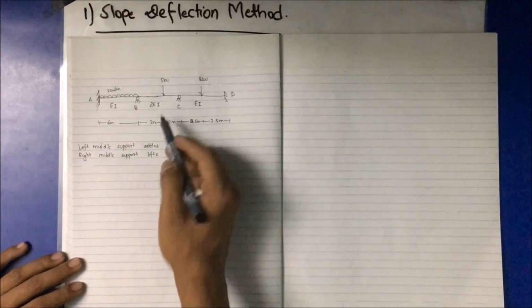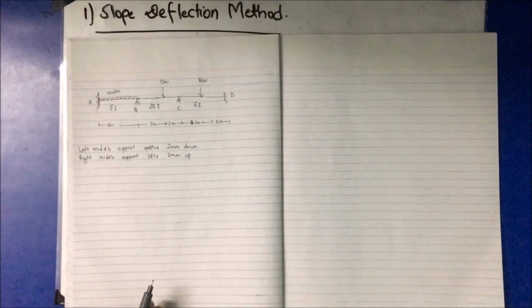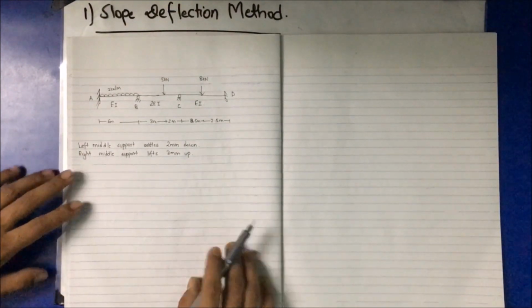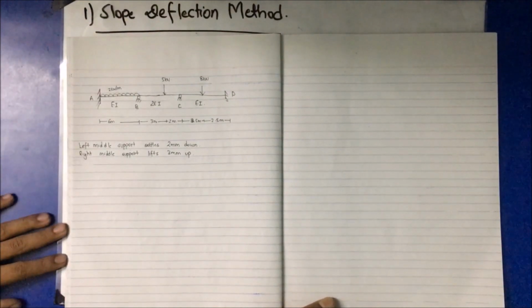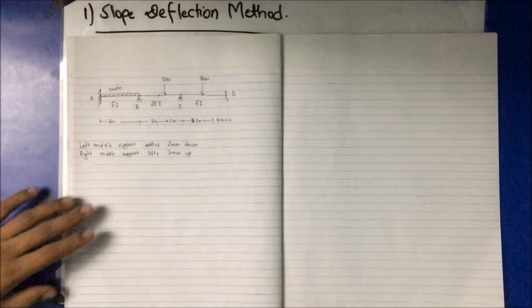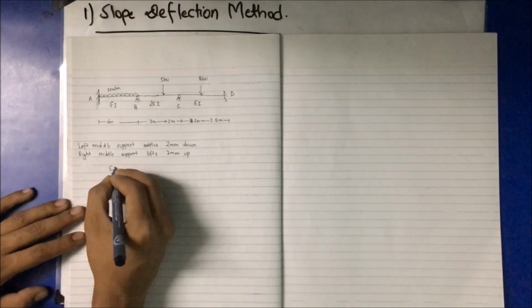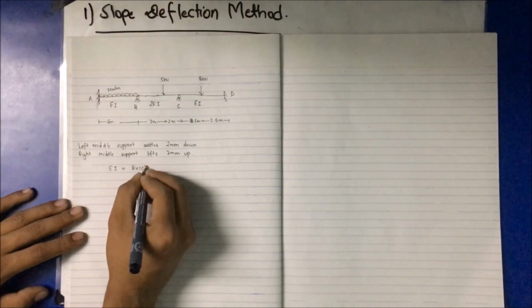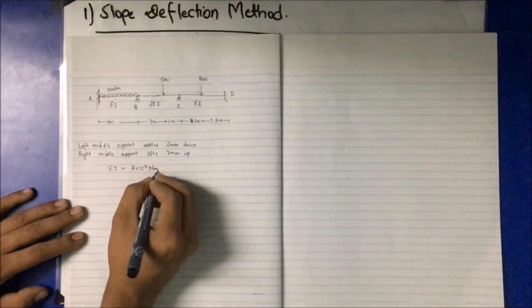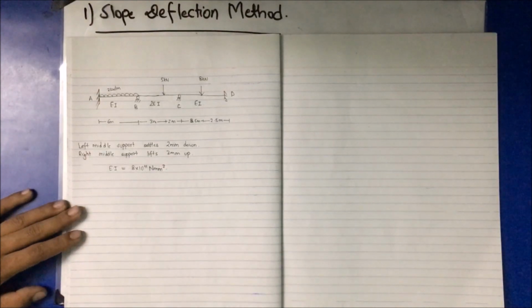The question is to analyze the given beam using slope deflection method and draw the BMD for the beam. Take EI equal to 8 into 10 to power 11 Newton per mm square.